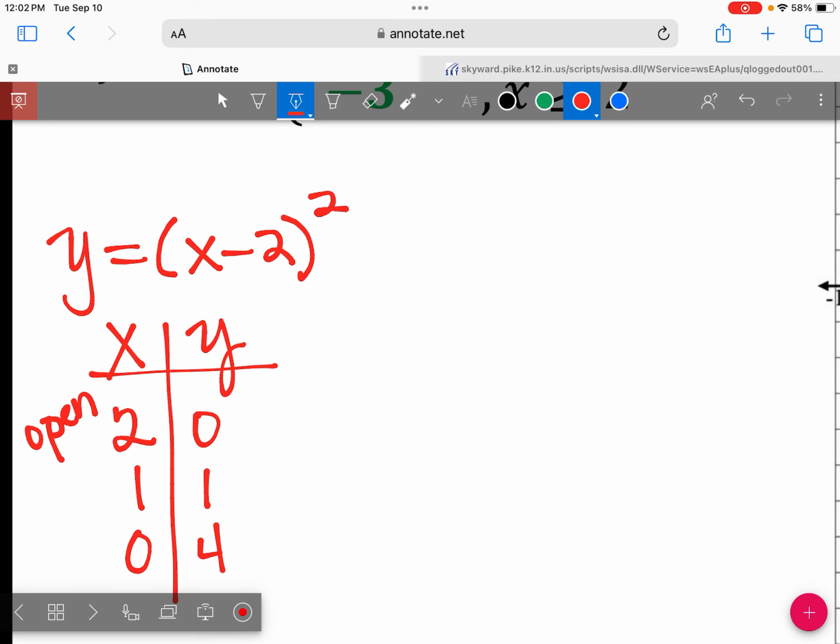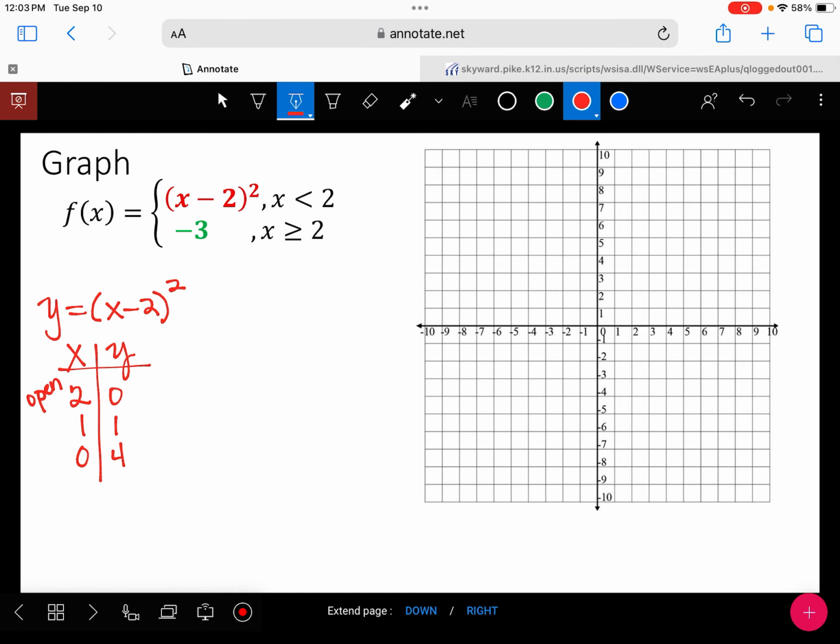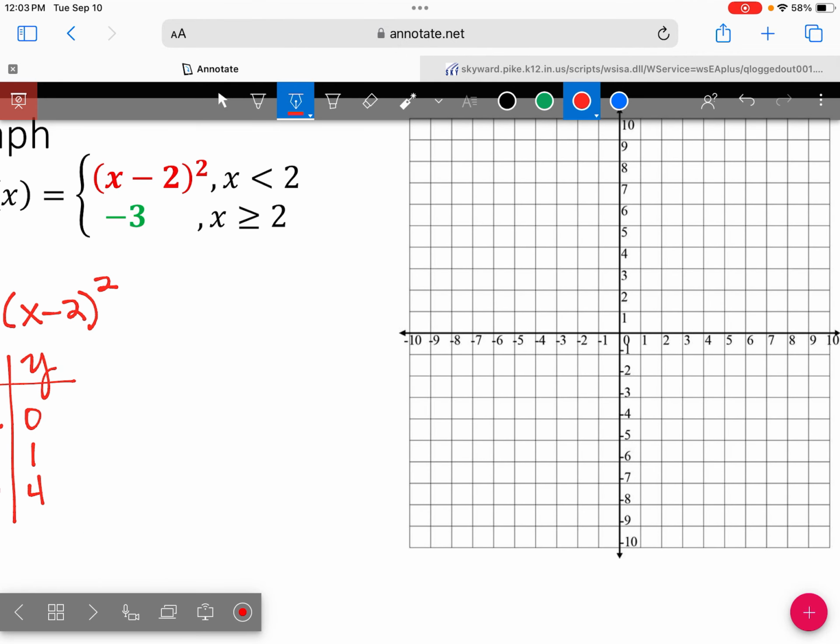So this is just half of a parabola. So 2, 0. 1, 1. And 0, 4. Like so.